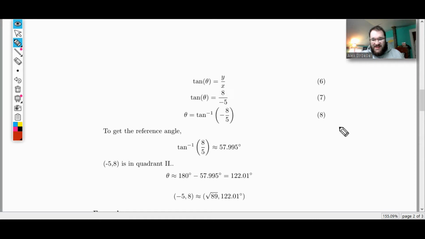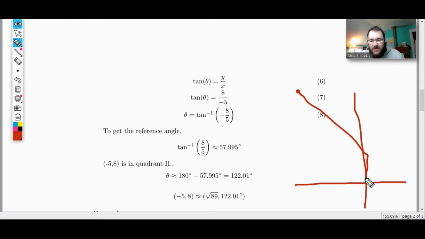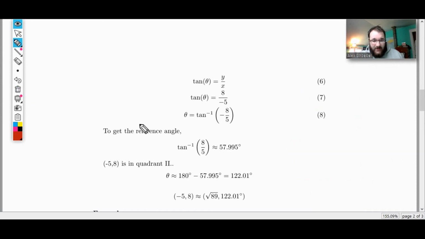We can notice that the point -5, 8 is going to be up here somewhere, and this angle is going to be 57. We want to find the angle from the positive x-axis, so we do 180 minus 57, because our reference angle is 57.